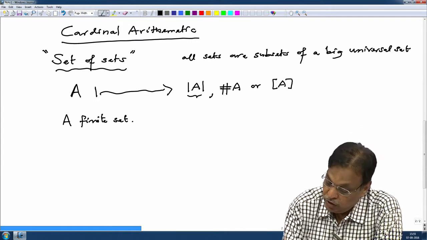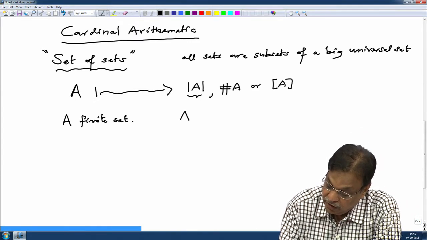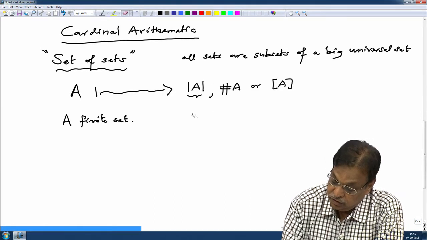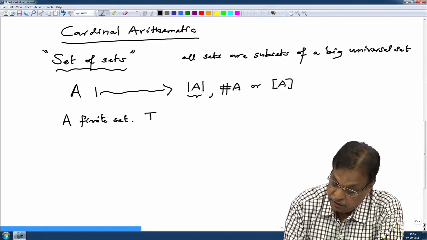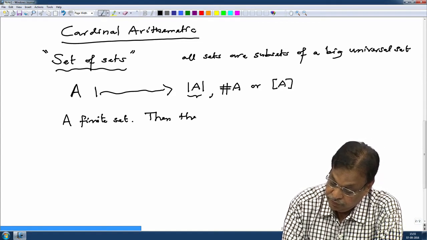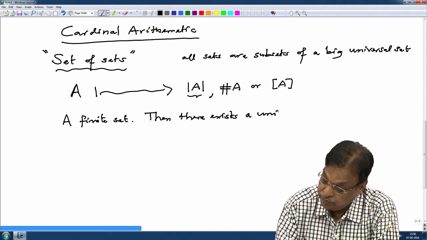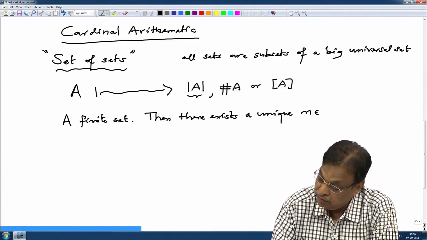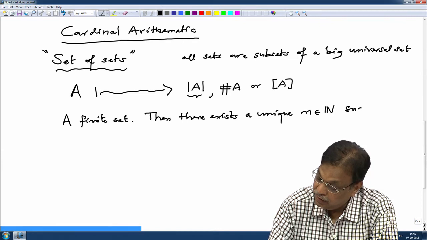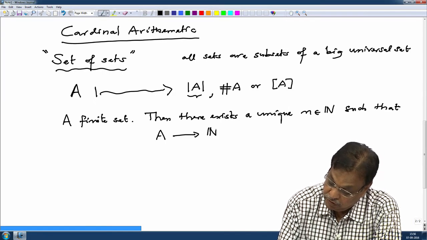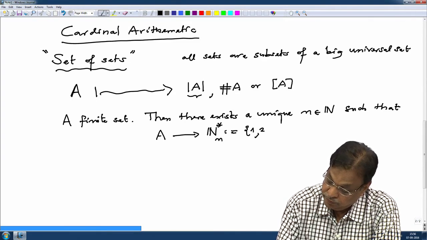So, first of all, note in the finite case, if A is a finite set, let me write this statement precisely: then there exists a unique natural number n such that A maps to n star, where n star is by definition 1 to n.